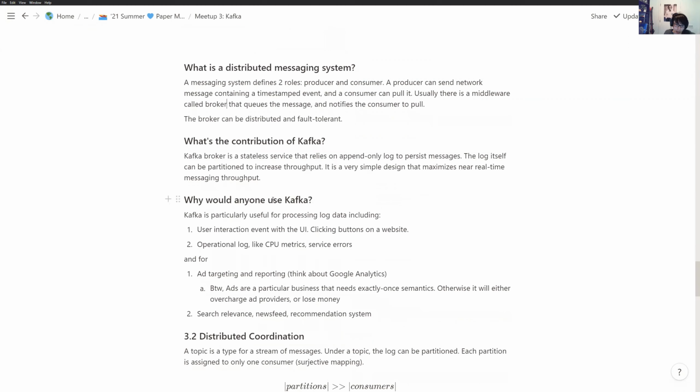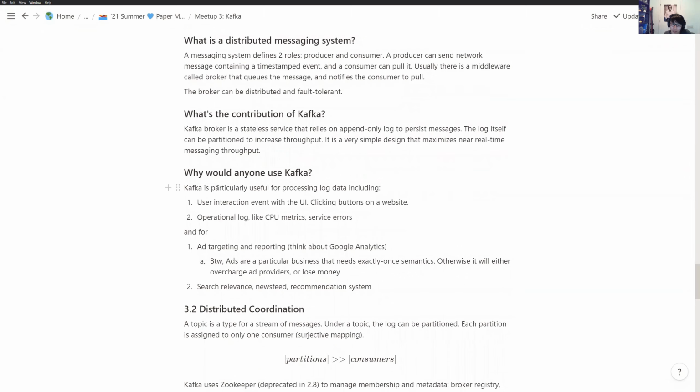So why would anyone use Kafka? Like, what's the difference between using Kafka and a relational database? Kafka is particularly useful for processing log data. You can think of log data as user interactions. For example, if you go to Amazon.com, you can do a search query or click some buttons, and those are recorded as events sent to Kafka.